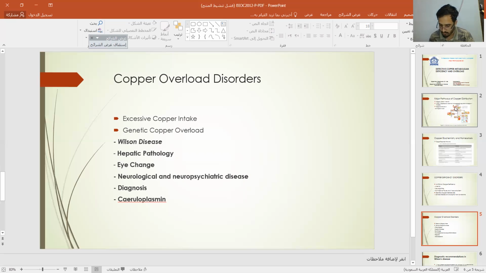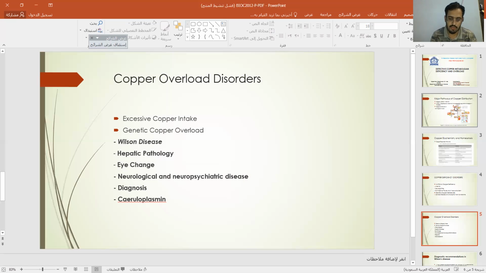The greater danger of Wilson's disease is that it is progressive, can remain undiagnosed, and can be fatal if not treated. It may also cause Kayser-Fleischer rings in the cornea of the eye.